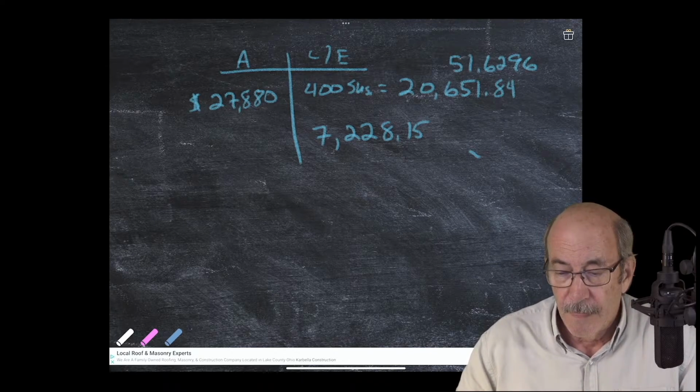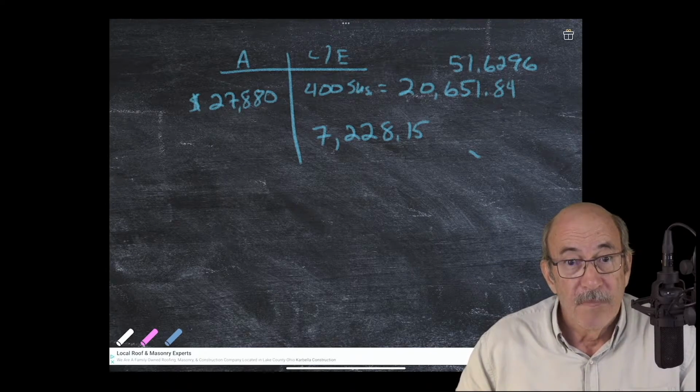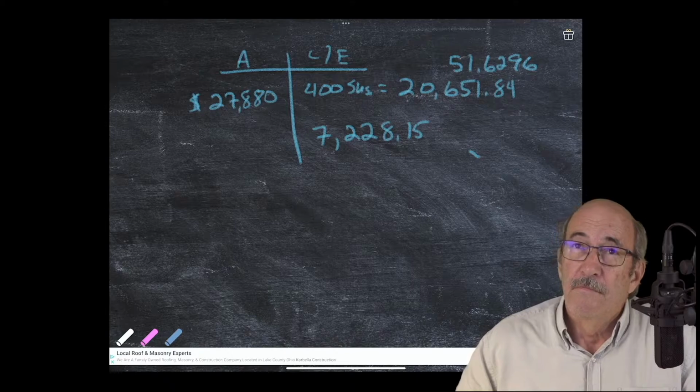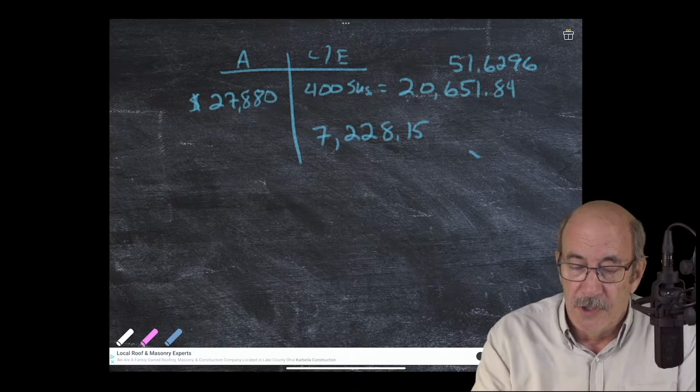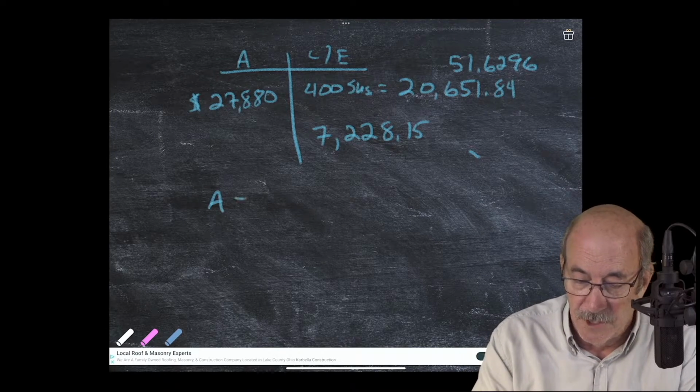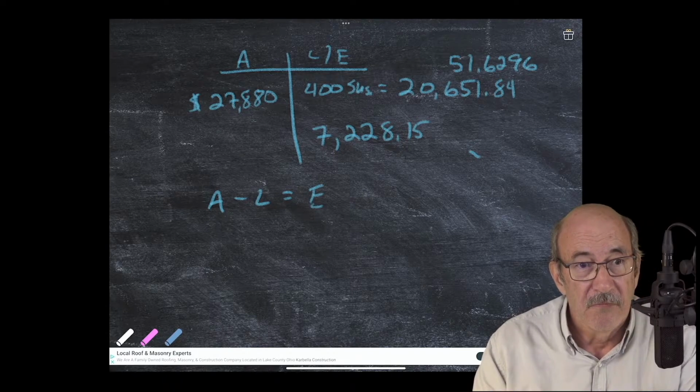So could you, if you weren't going to use the T tables, use that one formula, margin equals account equity divided by the value of stock? Would you just, with the margin in this case being 70%, use that, or do you have to use the table? Well, what you could do is simply use this formula, assets minus liabilities equals equity.